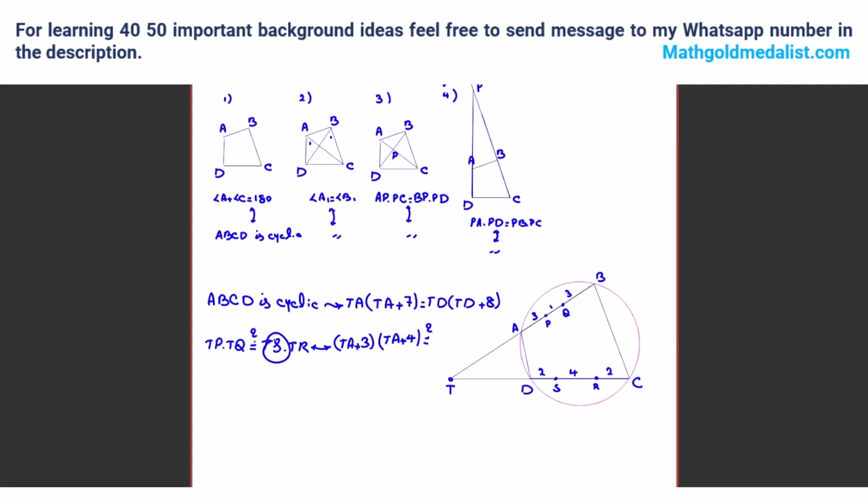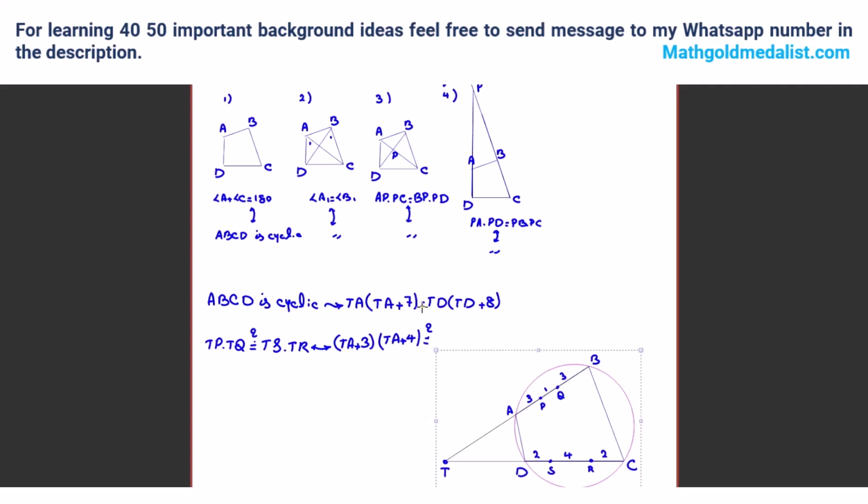Now I want to write TS and TR in terms of TD, to make this side similar to the other side. TS is TD plus 2, and TR is TD plus 6.